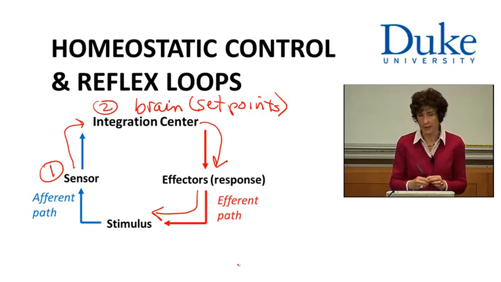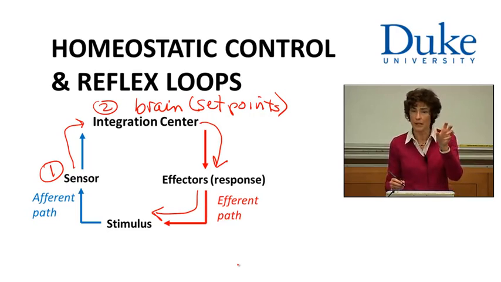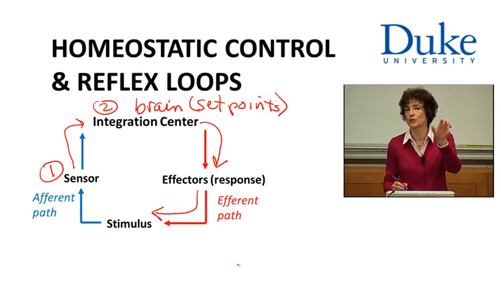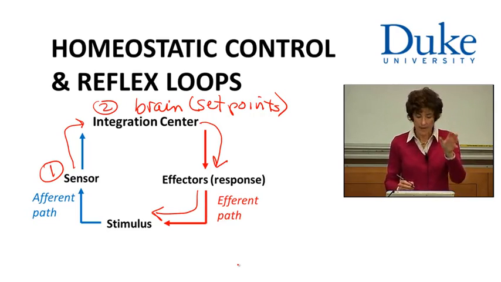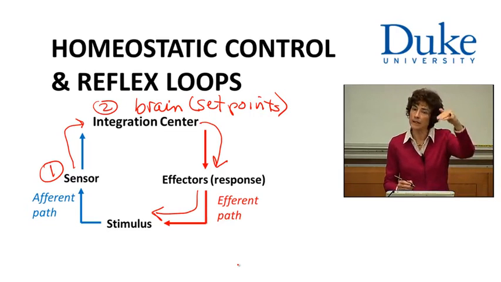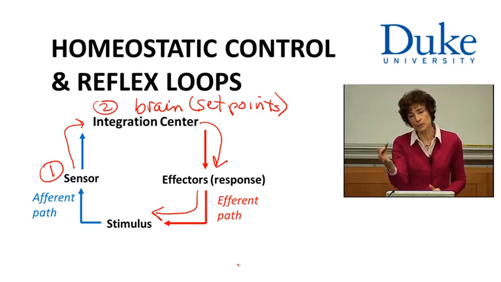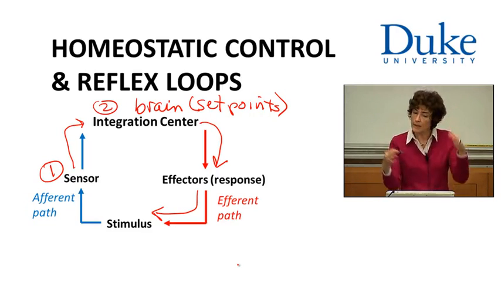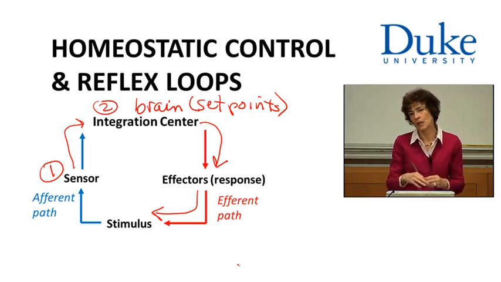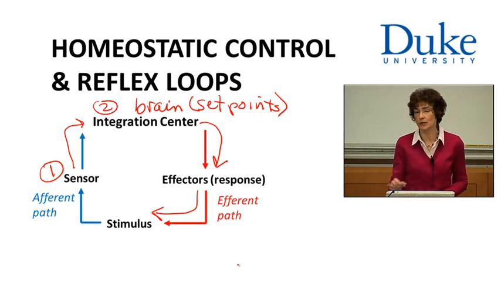The integration center would be our rheostat, where we set a specific temperature that we want within the room. Then the stimulus is the incoming reading, that is, the temperature of the room, and the output would be whether we have to turn on the heat or turn on the air conditioning to bring the temperature of the room back to normal. So this is a simple reflex loop, and it's essentially the type of reflex loop that the body is going to use.